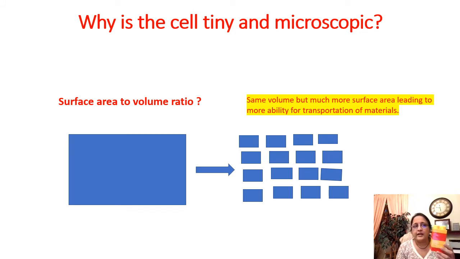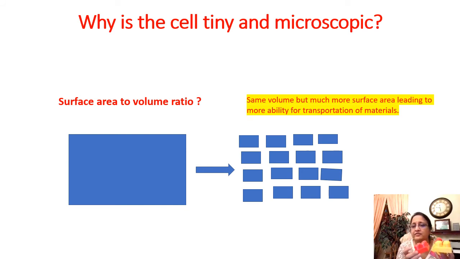Assume that I have cut this large cell into thin slices like this, and the same organism is now made of these 6 slices. Now what happens to the volume? It is the same because we did not change the volume of the same large cell.